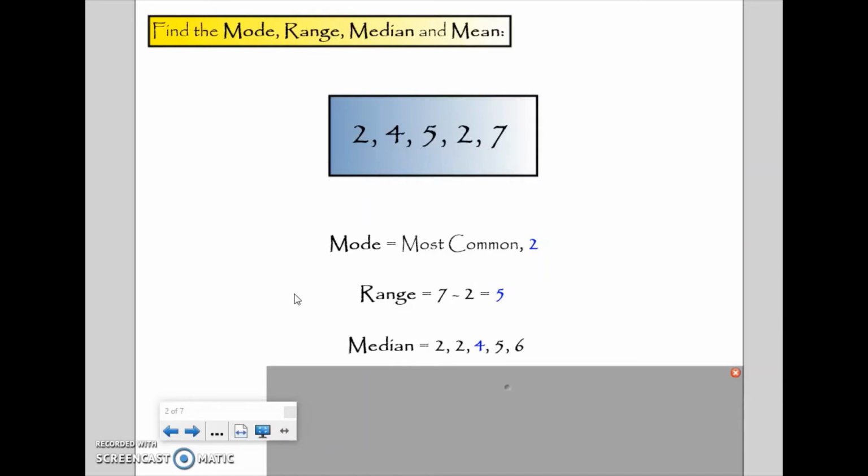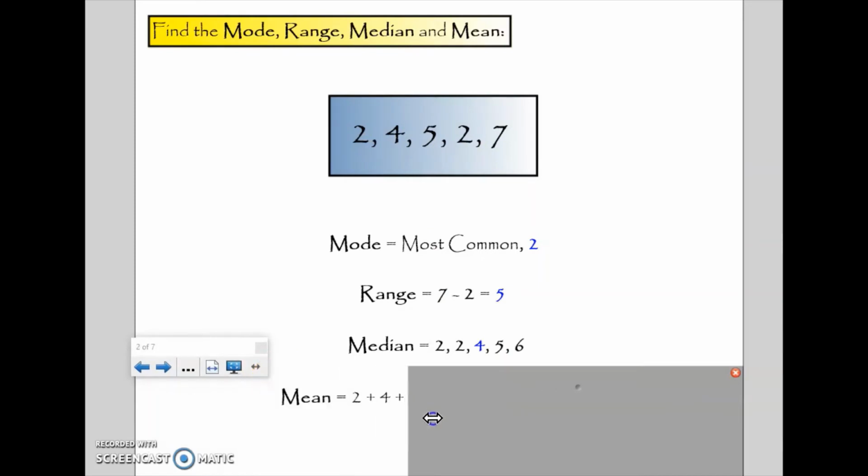To find the mean, we look at the data set and we add up every number in the data set to get a total, and then we divide by how many numbers are in the data set. So in this question, I'm going to do 2 add 4 add 5 add 2 add 7 to get a total, and then I'm going to divide by 5 because there are 5 numbers in this data set.